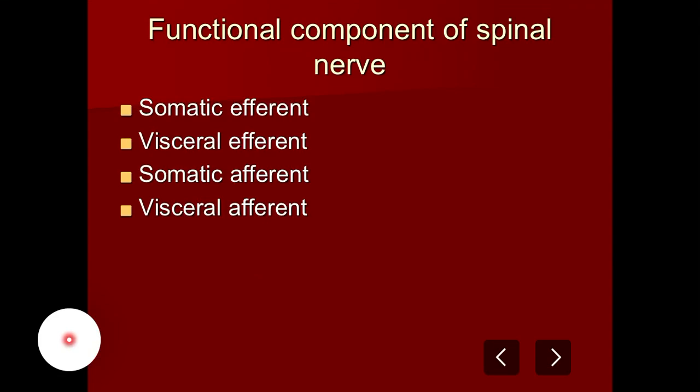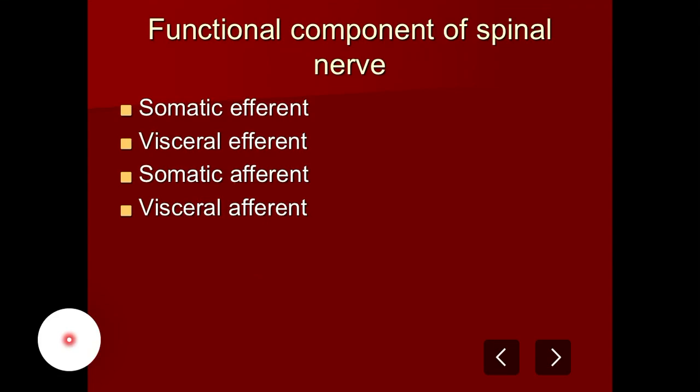Fine. Just like that, you have got two afferent or sensory fibers also. One is somatic afferent. Next one is visceral afferent. So now with these names, you can say the function that is done by these two components of spinal nerves.